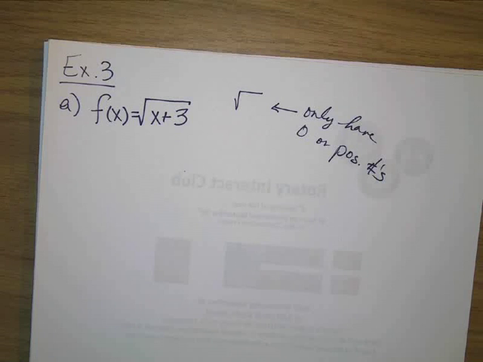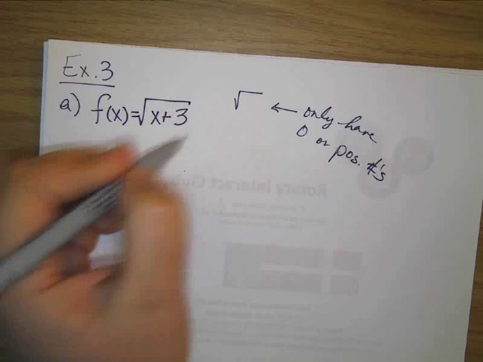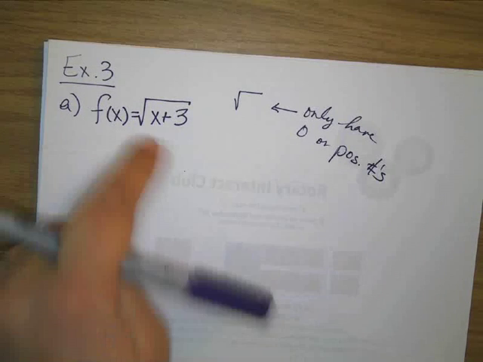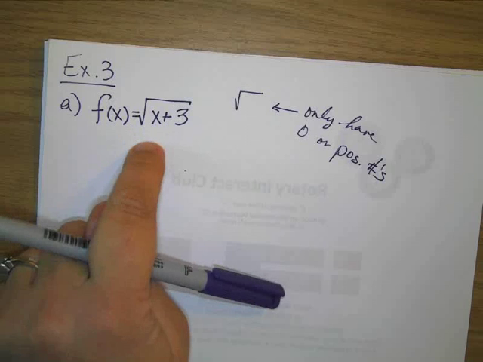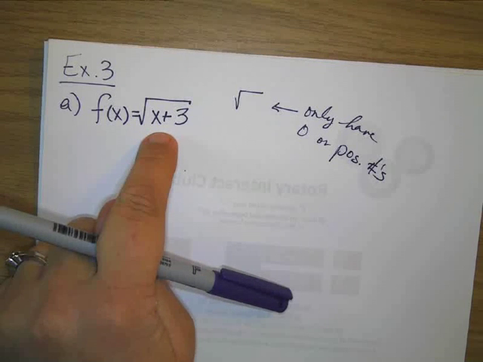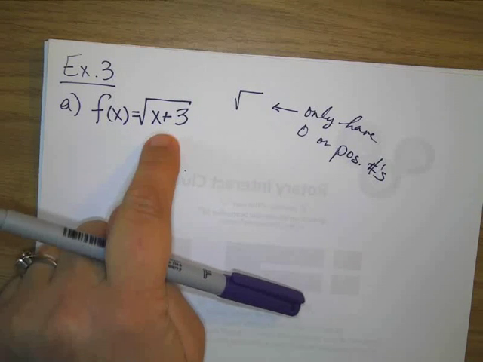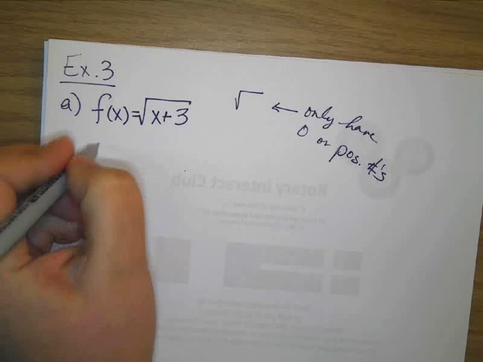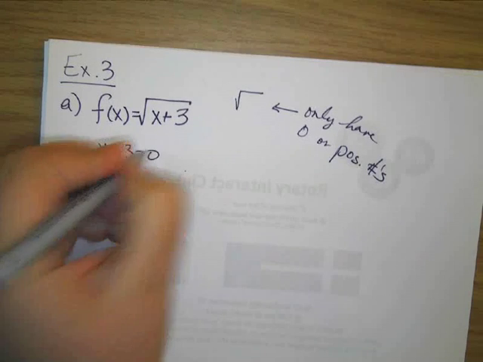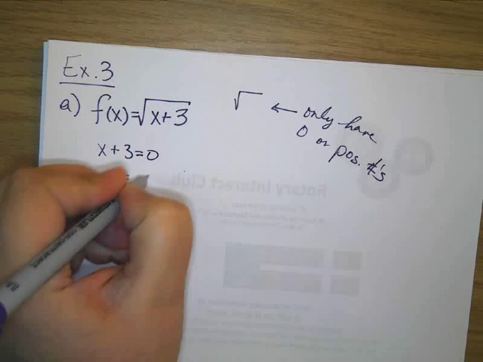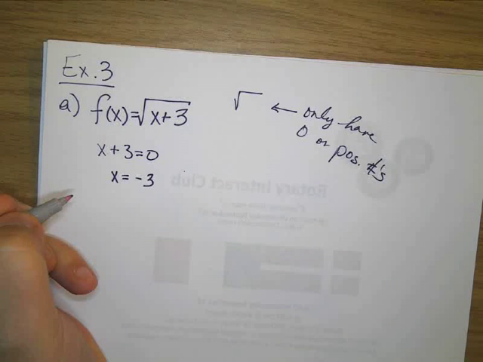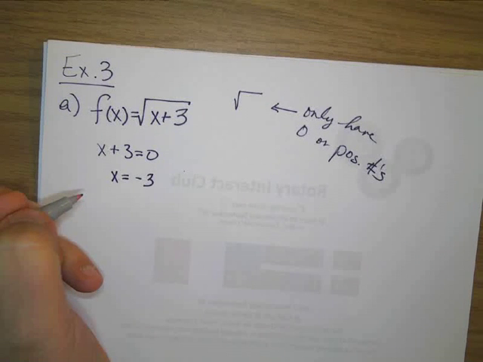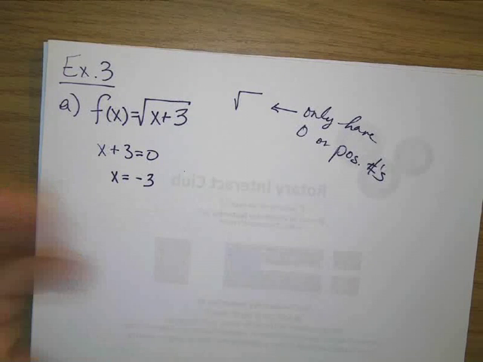So what I'm going to ask myself is, the smallest thing I'm allowed under this square root is 0. So I need to know what makes it 0. What makes this 0? -3. Now the question is, do I get numbers bigger than -3 or smaller than -3? That's where we have to test it.